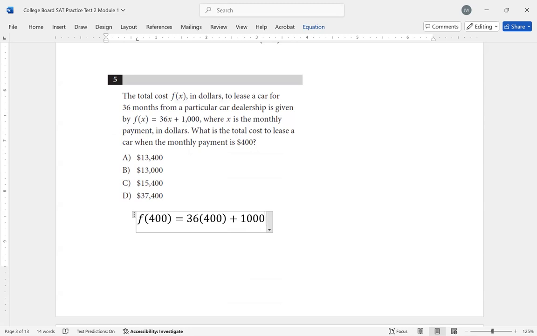When you do that, 36 times 400 plus 1,000 becomes 15,400. So 15,400 is the total amount in dollars that the lease will cost. So the total cost of the lease is $15,400, which is answer C.